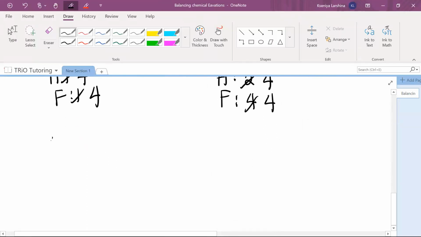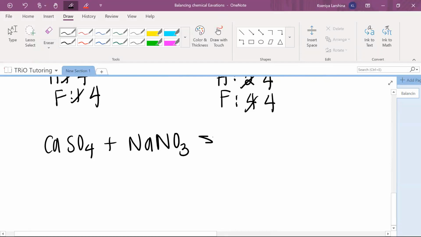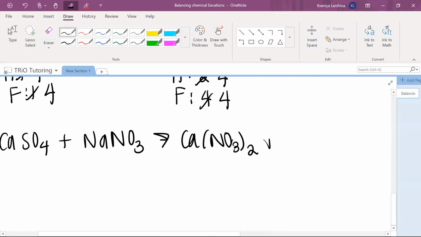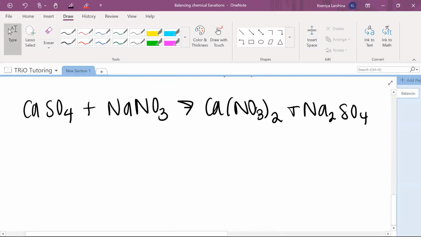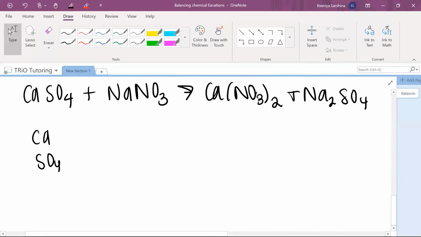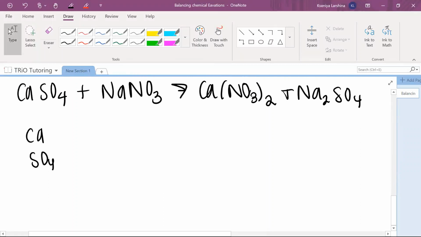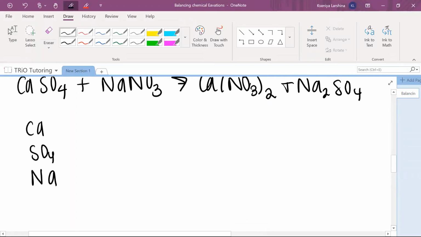Same as if we do calcium sulfate plus sodium nitrate to calcium nitrate plus sodium sulfate. We do the same. Calcium and SO4. Since our sulfate doesn't change, and we have our sodium and our nitrate doesn't change.